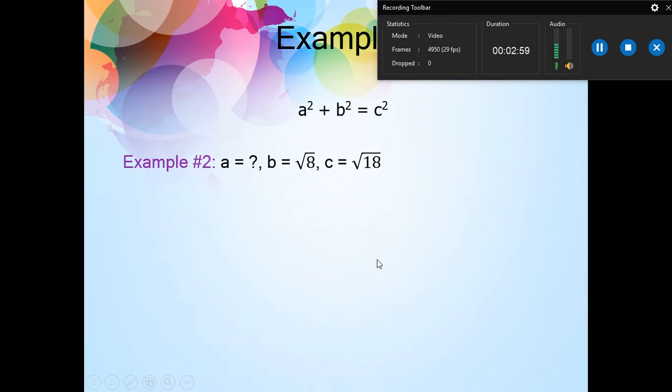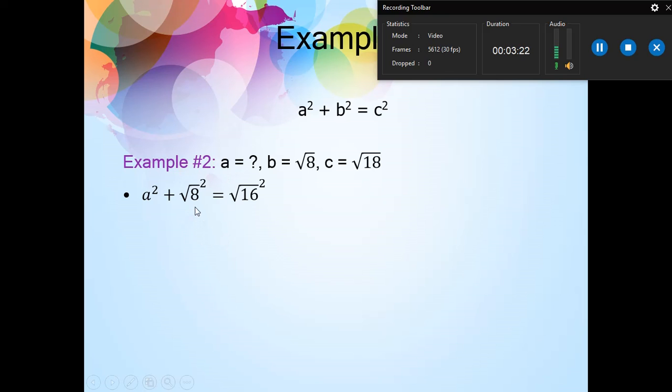Let's do the same thing with example 2. Notice that b and c are provided, and they're both in square root radical form. That's all right. We're going to sub in what we have. We're still going to square the square roots. In our last lesson, or on Monday, we said that when you square and square root, those are inverse functions, and they basically wipe each other away.